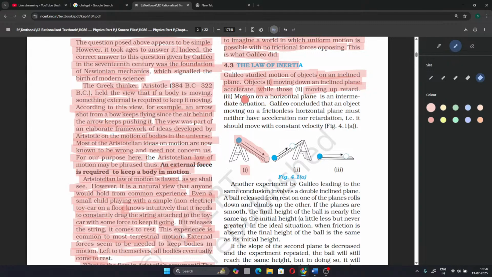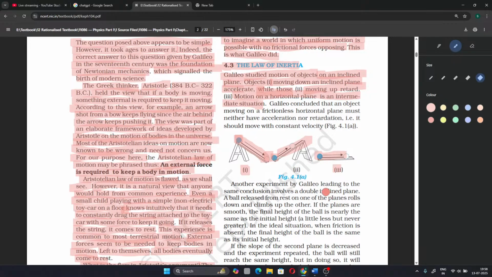And third, an object's motion on a horizontal plane is an intermediate situation. Basically, going down a plane, the velocity continues to increase, and going up a plane, it continues to decrease. In the case of a horizontal plane, we see that it is in the middle of these two.